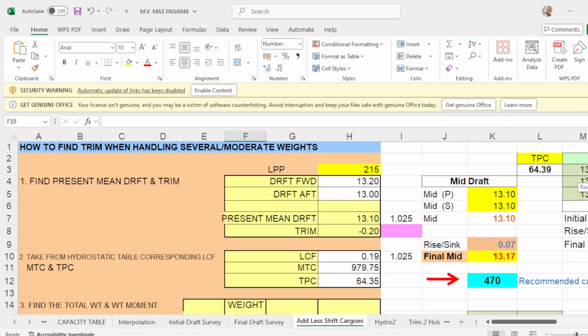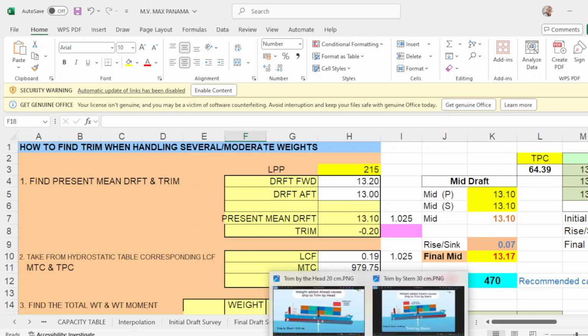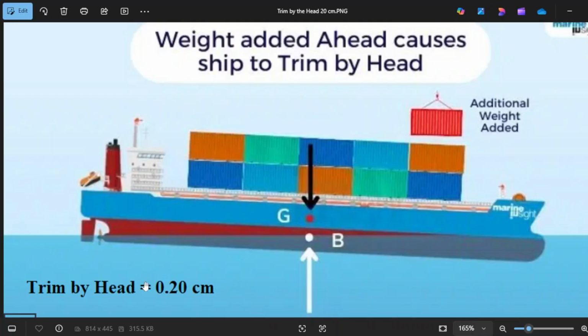Your initial drop, you are trimmed by the head of 20 centimeters, which is this one. This is the situation of your vessel, your initial drop.